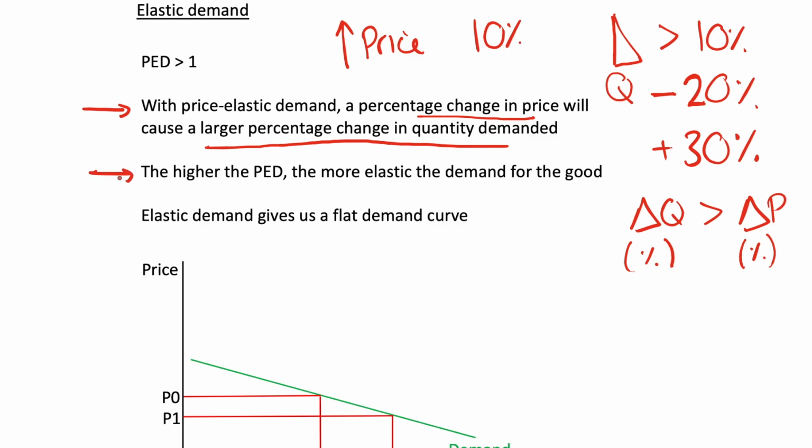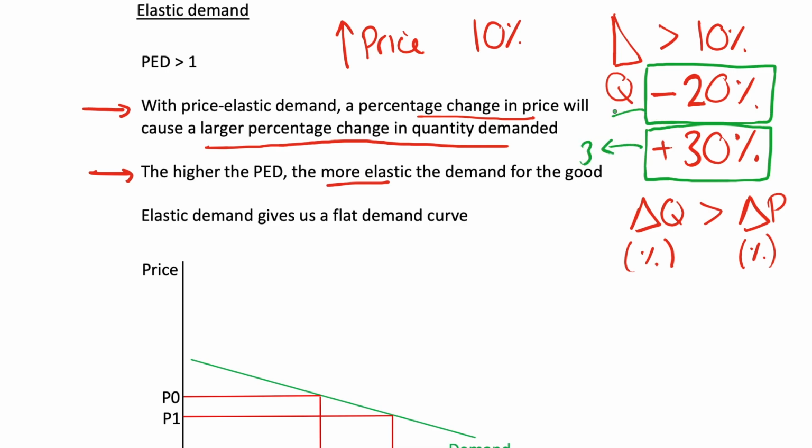And again, the higher the price elasticity of demand, the more elastic the demand for the good. So, say for this 20% reduction example, this means we have a PED of -2. But for this 30% one, we're going to have a PED of 3. So this has a larger PED of 3, so there is a larger change in quantity demanded. And the definition we have here is that the higher the PED, the more elastic it is.